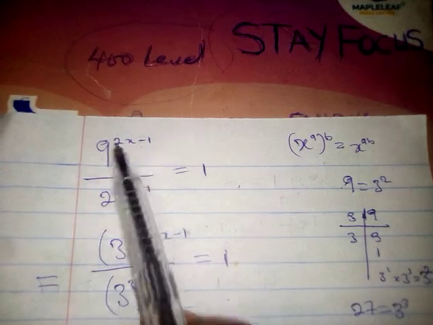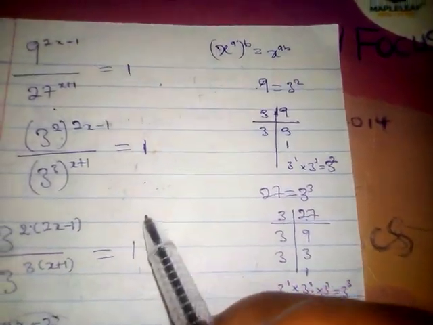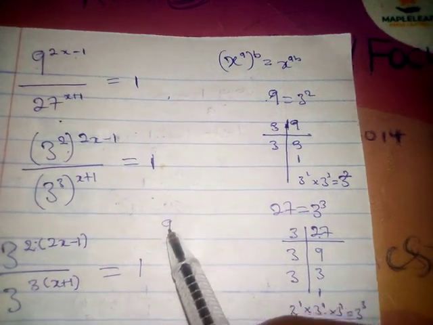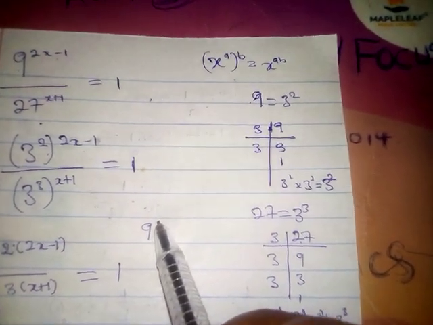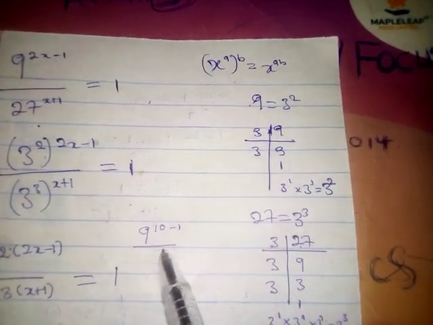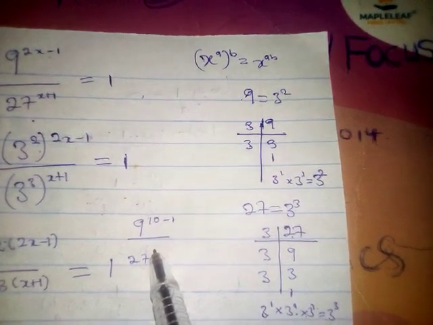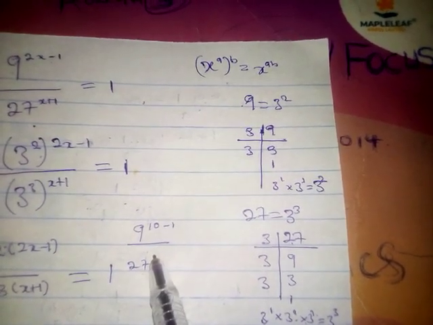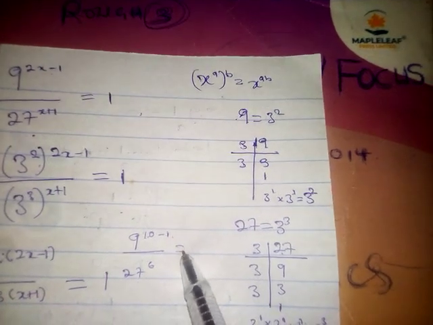Now to see if this is true, let's put our 5 here. This will be 9 raised to the power of 2 times 5, which gives 10 minus 1, all over 27 raised to the power of 5 plus 1, which gives 6. Now 10 minus 1 is 9.